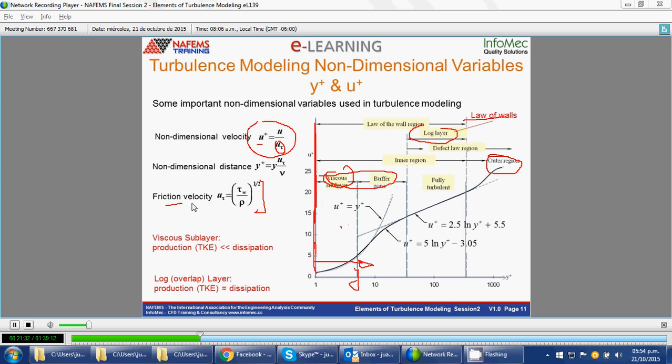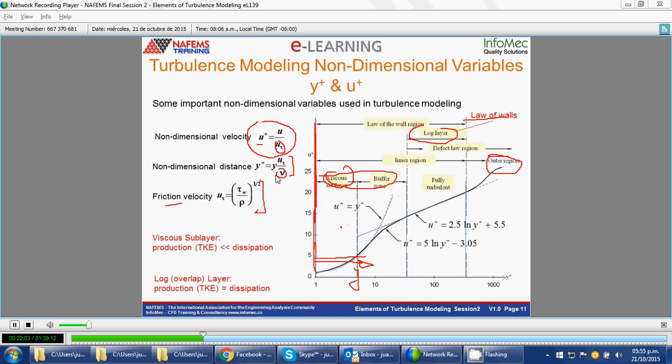Y plus also is non-dimensionalized. Y is also non-dimensionalized using u tau and nu, the dynamic viscosity. So y plus is this distance away from the wall, non-dimensionalized like this.